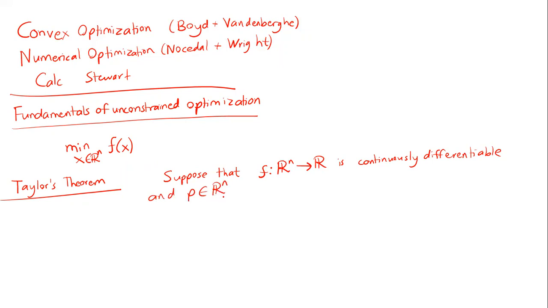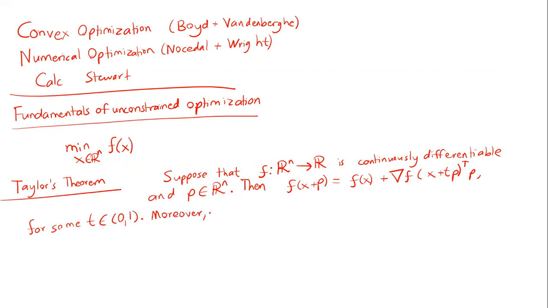So this means p is a vector with n components. Then f of x plus p equals f of x plus del f of x plus tp transpose p for some t in 0 to 1.